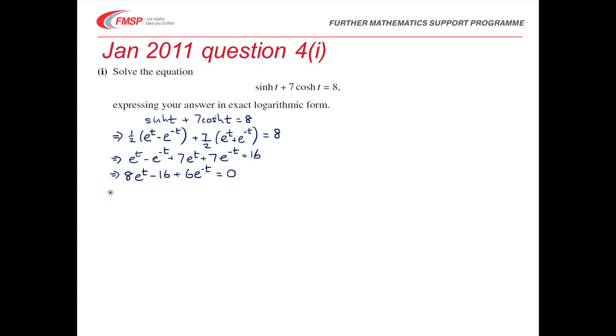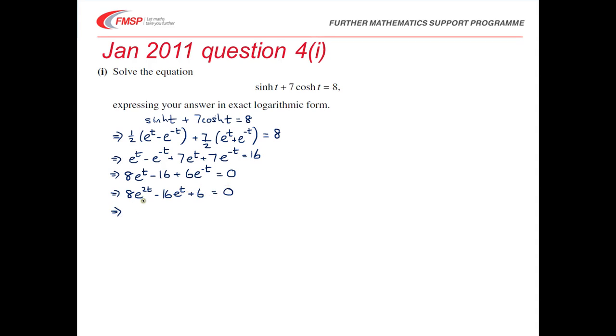And if I multiply through by e to the t, I will get a quadratic in e to the t. So 8 e to the 2t minus 16 e to the t plus 6 equals 0.